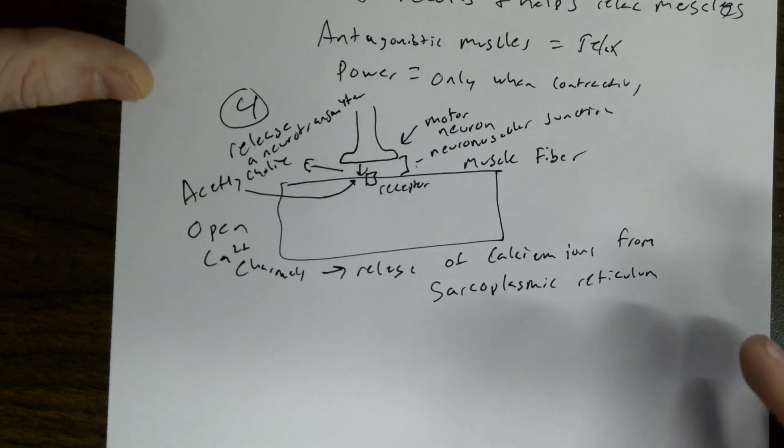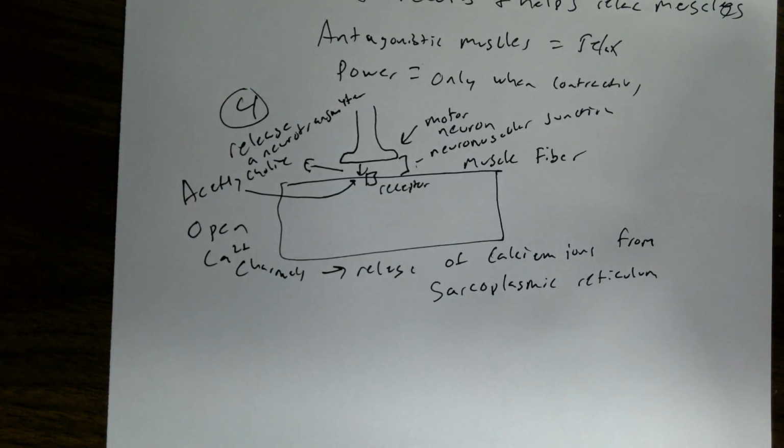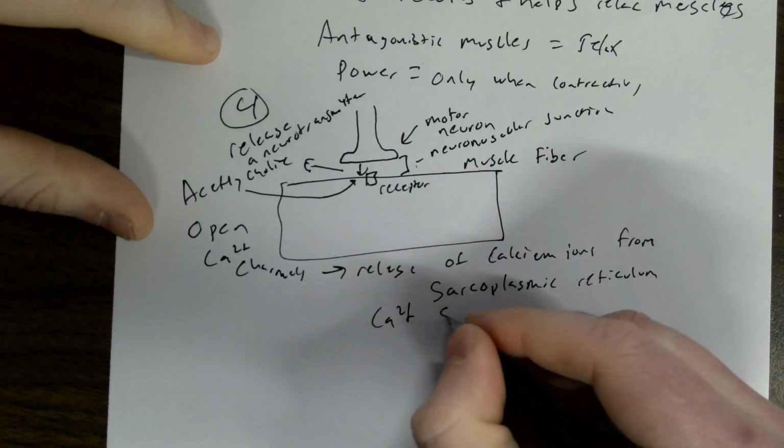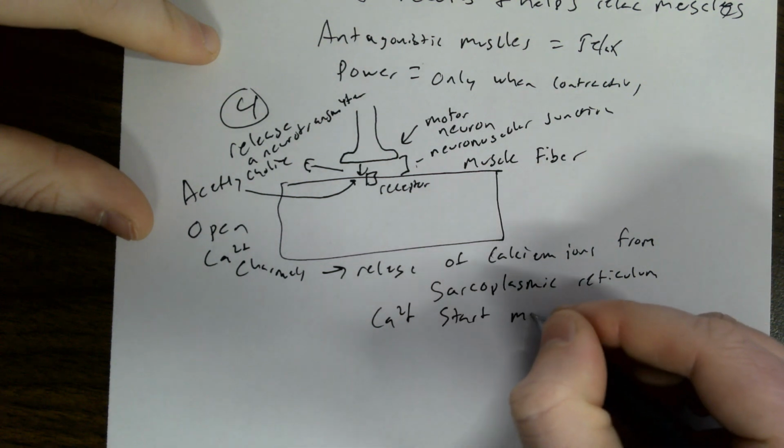The sarcoplasmic reticulum is just a specialized version that holds calcium ions. So it causes that to open, and then those calcium ions start muscle contraction.